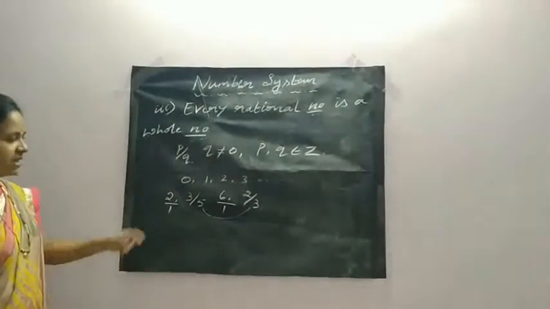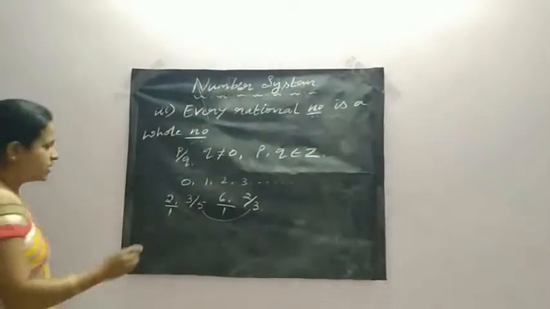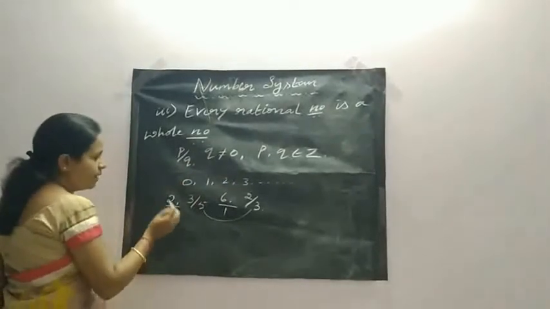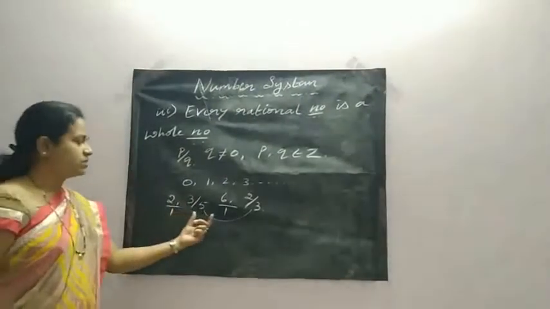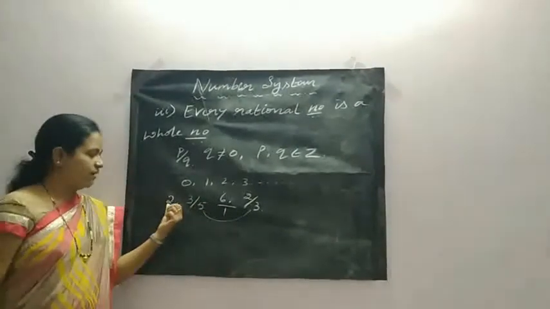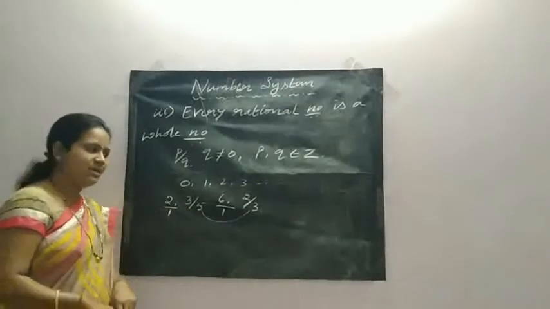So from this example we can conclude that every rational number is not a whole number, because in whole numbers we are not going to have fractions. In whole numbers we will be having 2, 3, 4, 5, 6.